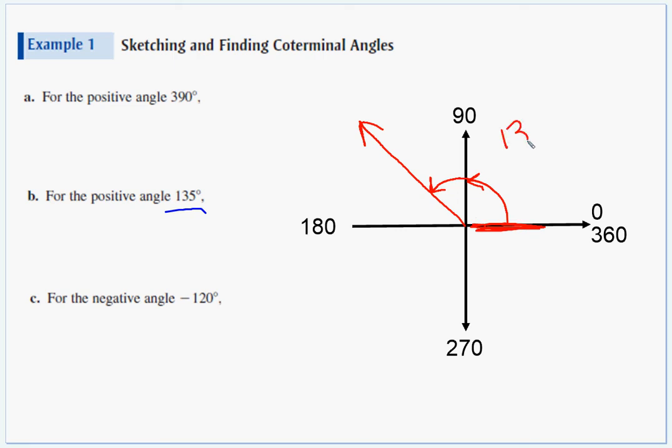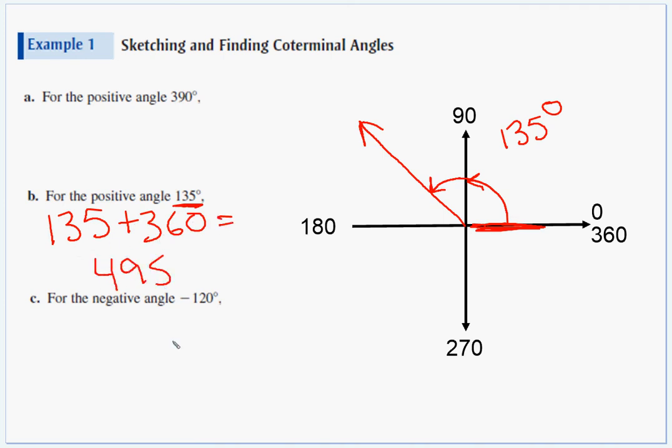So if I finish that arrow off, we went from the initial side to the terminal side. There is 135 degrees. The easy way to find coterminals, and this is a great example to use this one on: if I want to find a positive coterminal, I take the angle they gave me and add another 360. 135 plus 360 is 495.